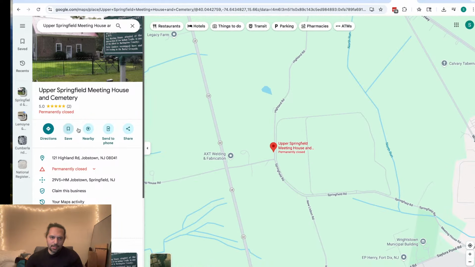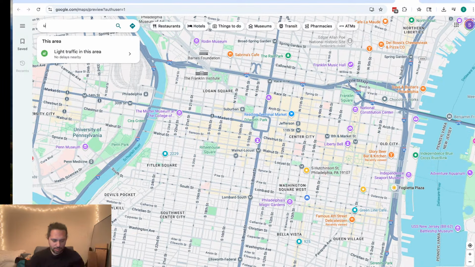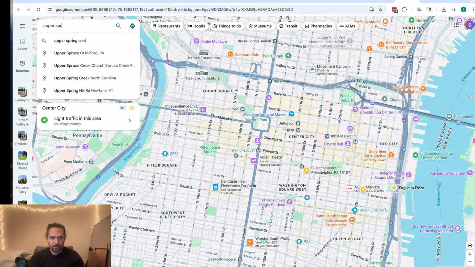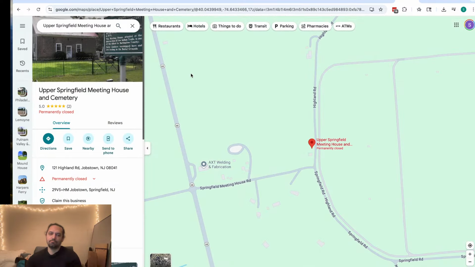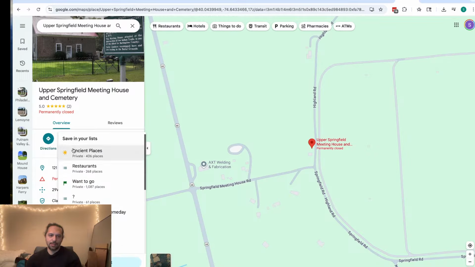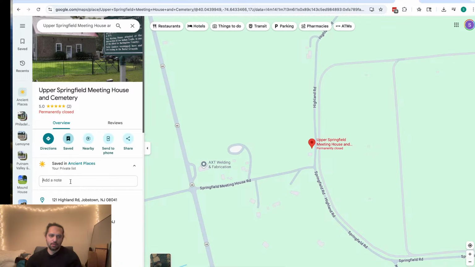Let's definitely add that. Upper Springfield Meeting House, New Jersey. Okay, we're gonna save it. Ancient places.